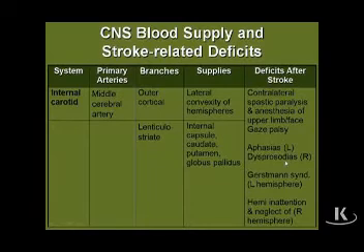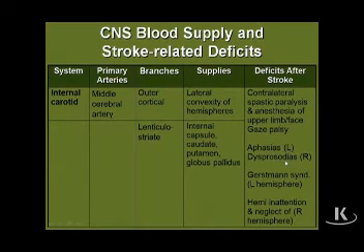But the point we want to make on this slide is, what if there was an involvement of branches of the right middle cerebral artery that are serving areas where the language centers would be if they were located in the right hemisphere? If there is a disruption or a lesion of the area that would correspond to Broca's area or Wernicke's area in the non-dominant hemisphere, the patient won't develop aphasias.